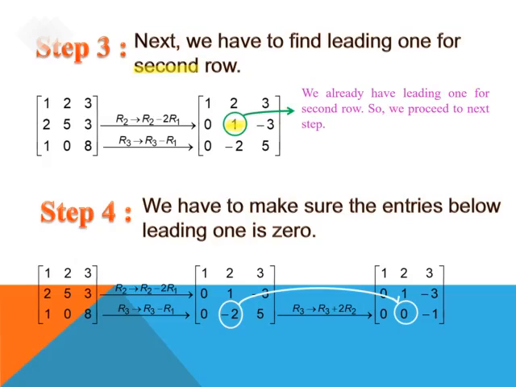So we have to make sure this 2, negative 2 is 0. So this is the operation. This is the operation using the leading one at row 1.